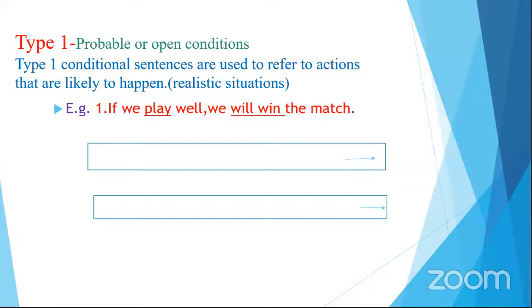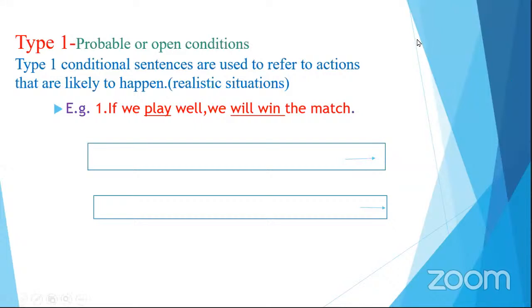So to talk about realistic situations, remember this, dear students, if you are going to talk about realistic things that can happen, likely to happen actually, we call them type 1 conditional clauses. Look at the example I have given you.